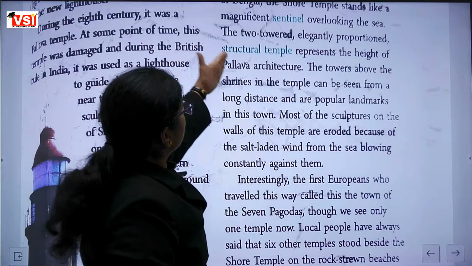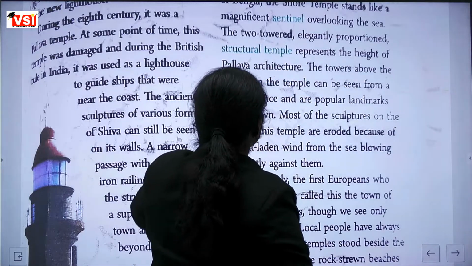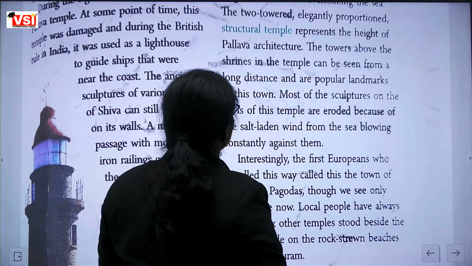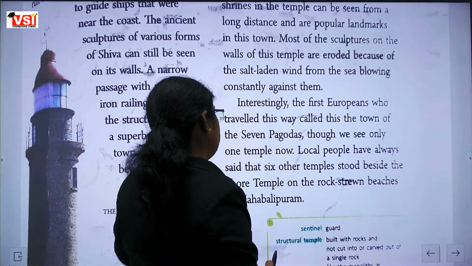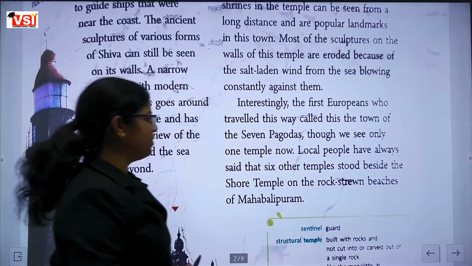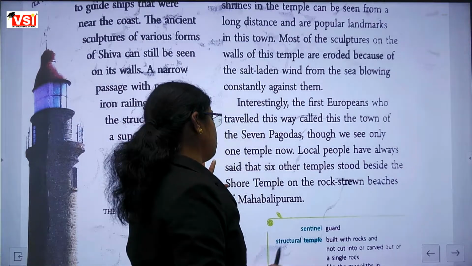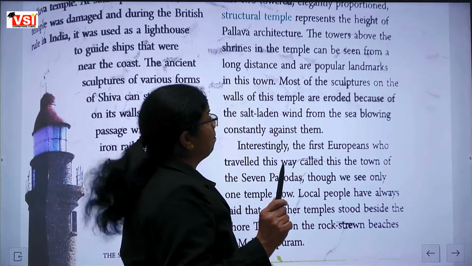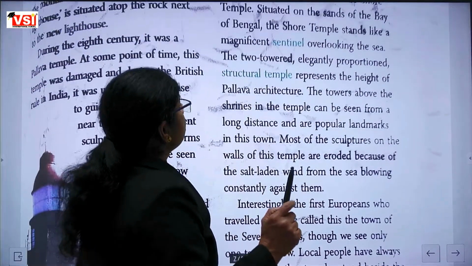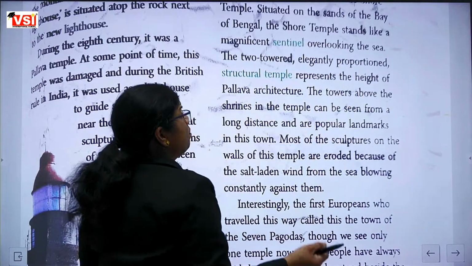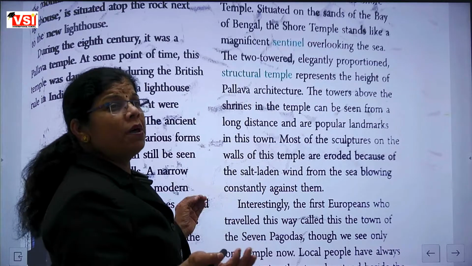And the two towered elegantly proportioned structural temple represents the height of Pallava's architecture. तो structural temple built with rocks and not cut into or carved out of a single rock. एक single rock से बनाए गए temples है. देखिए ये means the two towered elegantly proportioned. Elegantly proportioned means इतनी मतलब सुपर लुक है इनका.